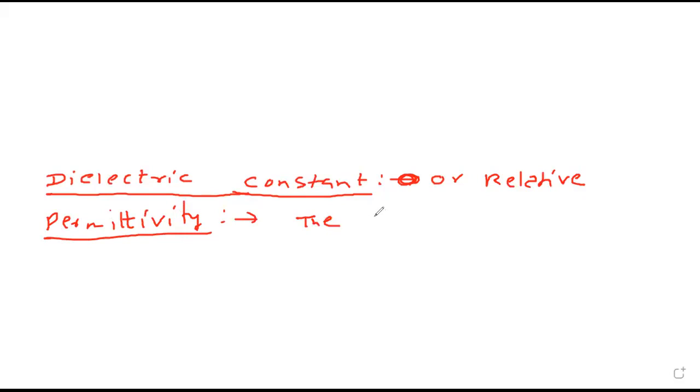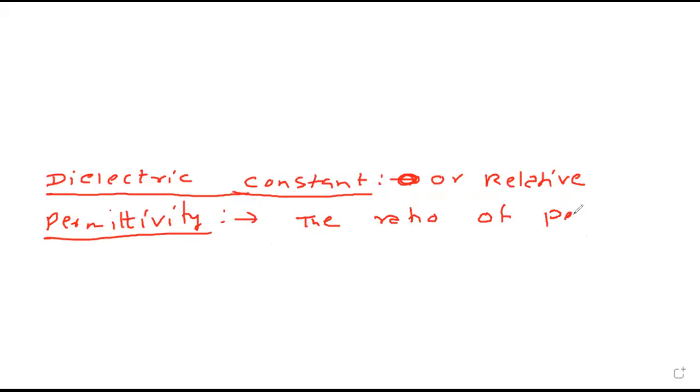See, whenever relative means it is always a ratio. Some connection, then only it is relative. Connection means compare. Compare means ratio.